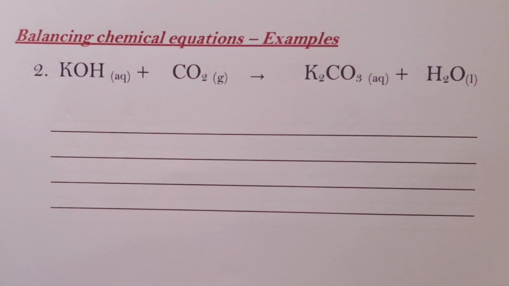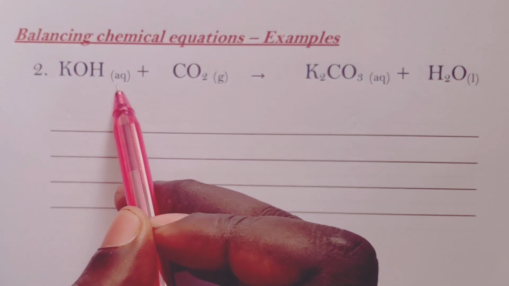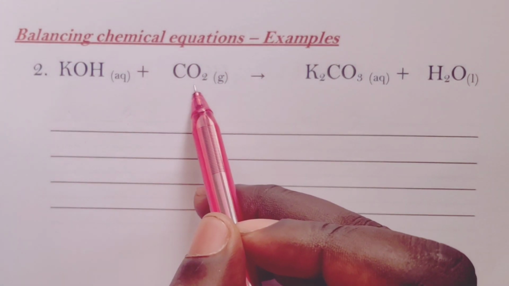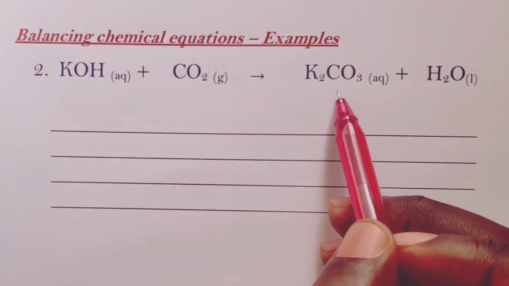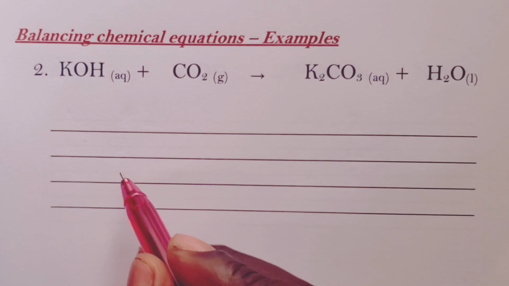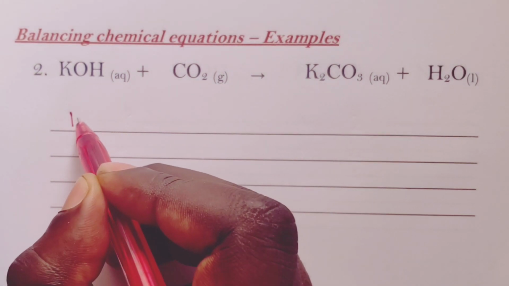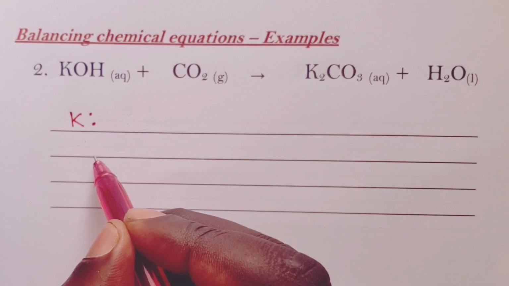In example 2, I have potassium hydroxide, aqueous, reacting with carbon dioxide gas to give potassium carbonate and water. Let's see how to balance this equation, but first, let us see how many atoms of each kind we have on both sides.